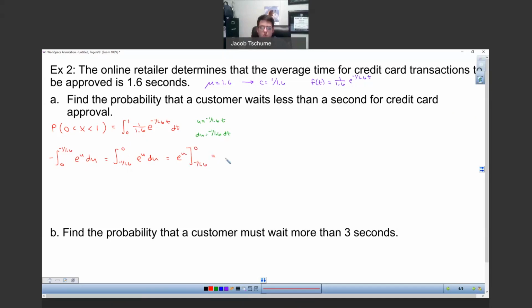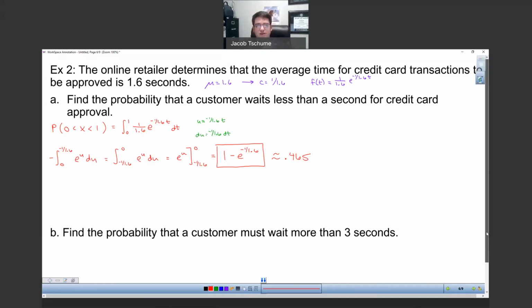And this will equal e to the 0, which is 1, minus e to the negative 1 over 1.6. And that is your exact answer for the probability that a customer waits less than 1 second. Now, as a decimal, that is approximately, what did I get earlier? 0.465. So about 46.5% of customers should be waiting less than a second for credit card approval.